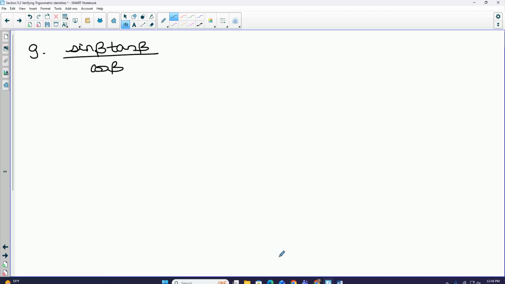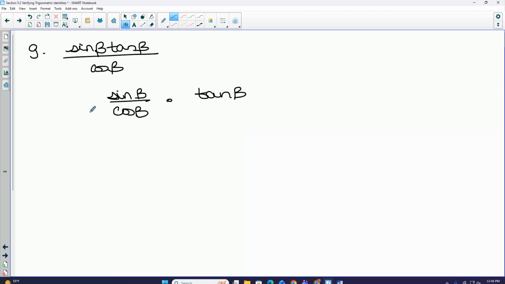Sine beta, tangent beta divided by cosine beta. Any thoughts? Separate. Okay, which two do you want together? Okay, since this is multiplied, we can just pull it apart.